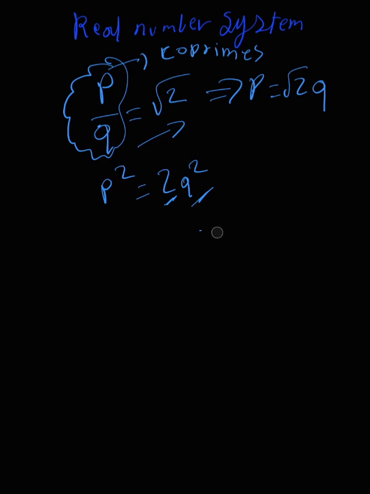Okay, so from here, we can say that 2 is a factor of p. So this is one thing we have obtained here now. So now what I will say is that p is equal to 2c.